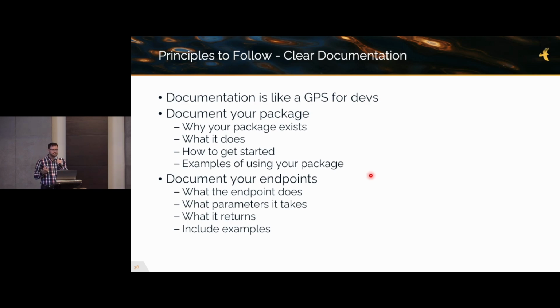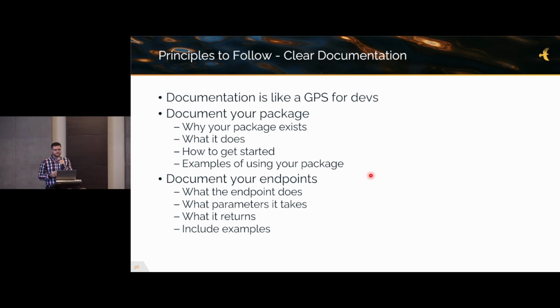Remember that documentation is like a GPS for your developers. It helps them to navigate through your Python package API. Document your package. Make sure that it states why it exists, what it does, and how to get started for a new user. Include examples. We prefer to also include our API endpoints in our documentation.